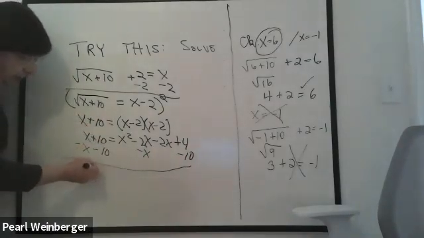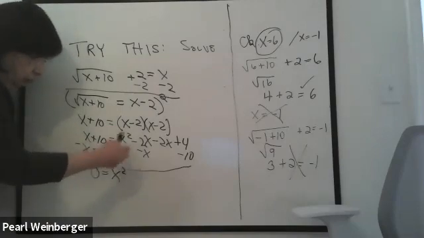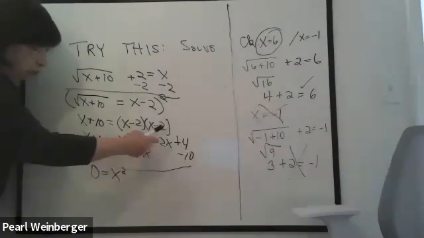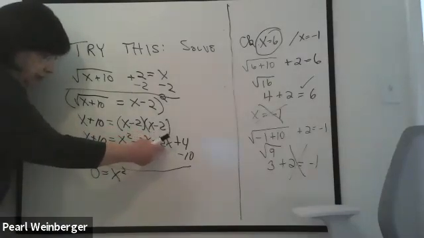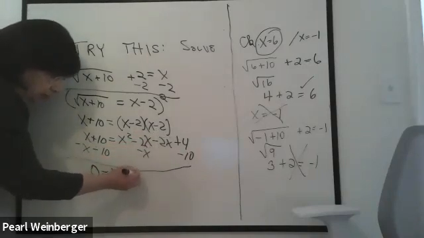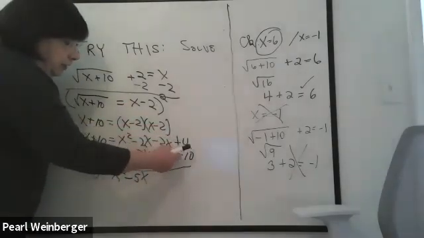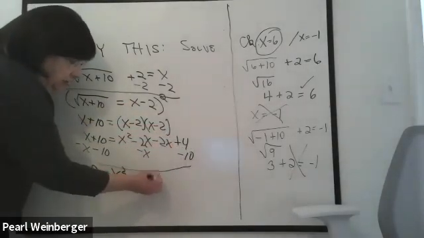So on this side, I'm left with 0. And on this side, I'm left with an x squared. I'm going to count all these up. This is a negative 2x, and negative 2x is negative 4x, plus another negative x. So altogether, I have negative 5x. And this is plus 4 and negative 10, which is negative 6.